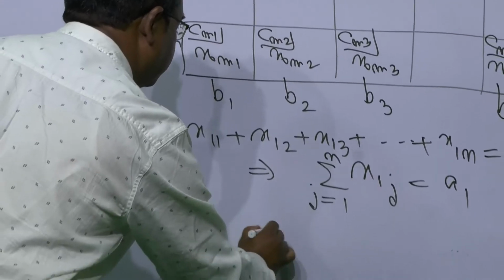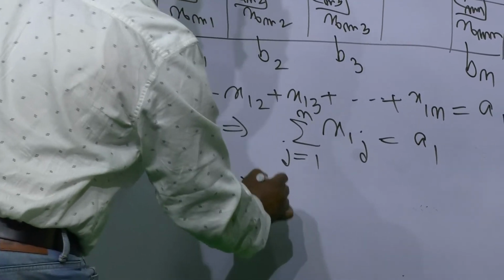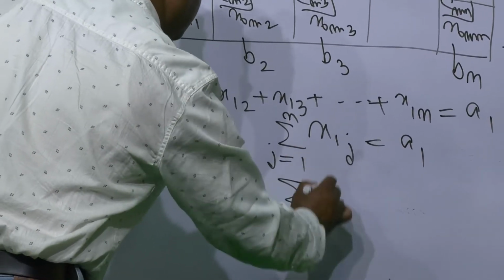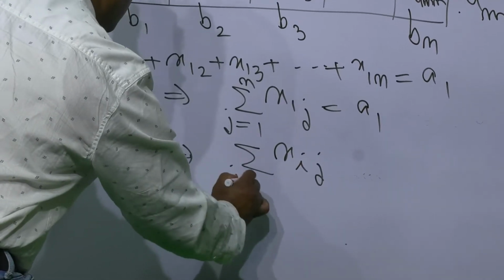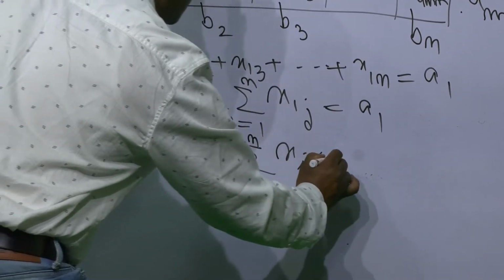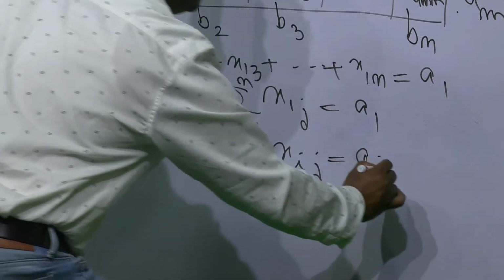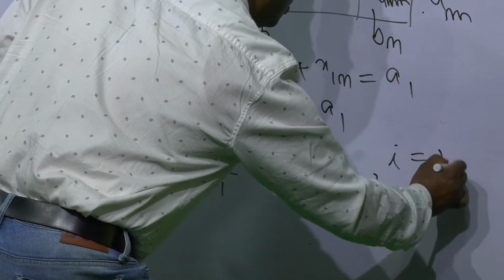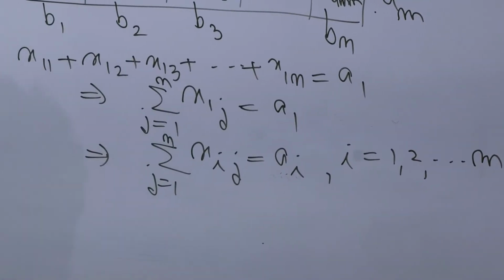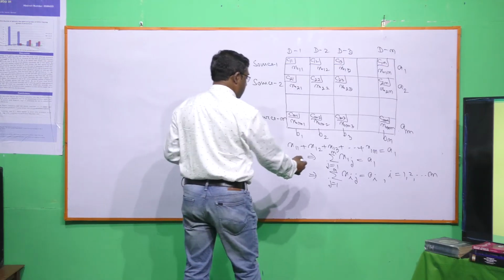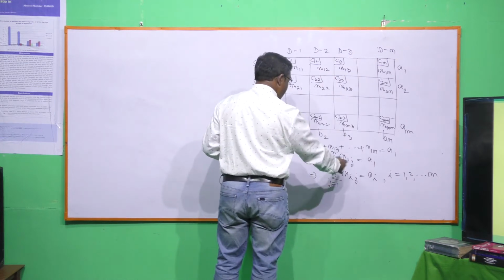By combining, summation Xij, j goes from 1 to n, equal to Ai, i equal to 1, 2, 3 up to m. This is the summation row wise.